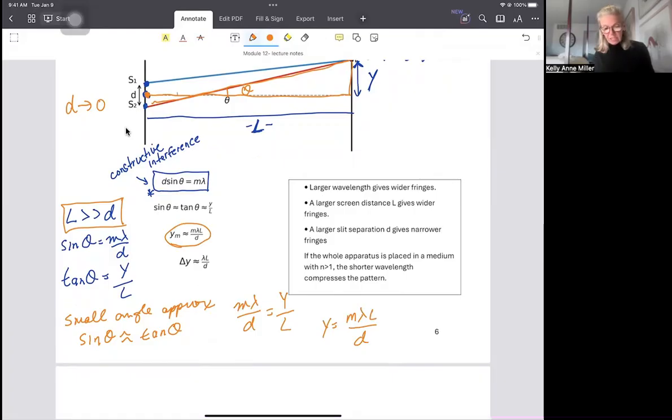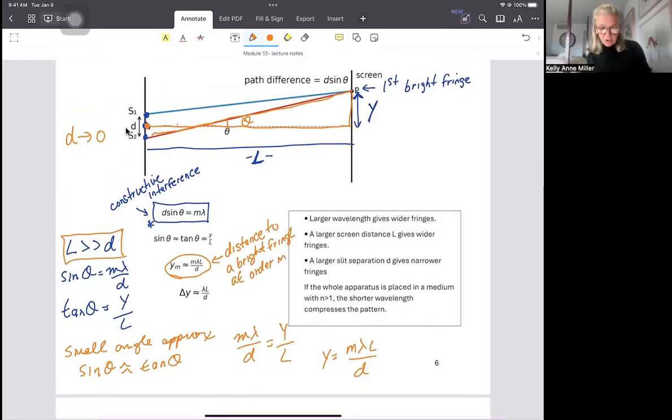This is the distance to a bright fringe at order m.